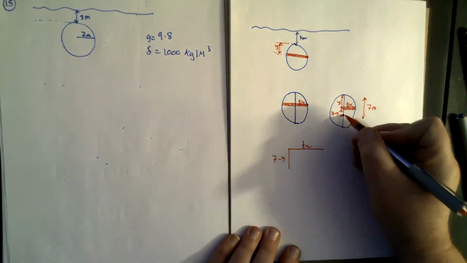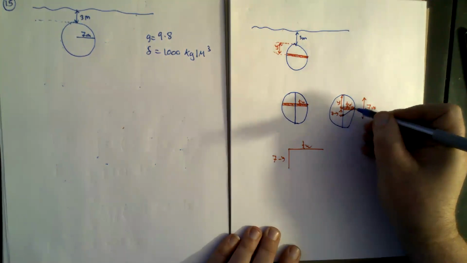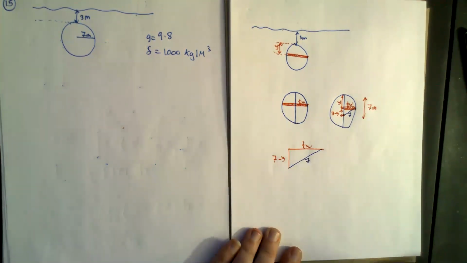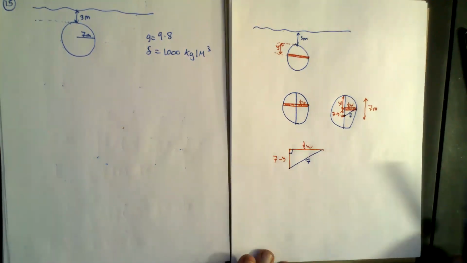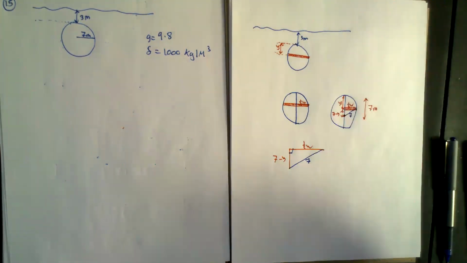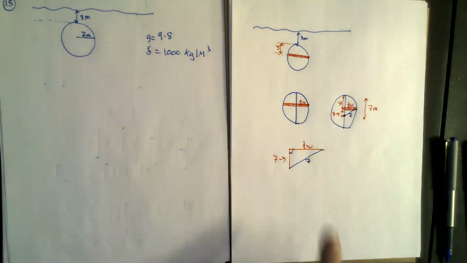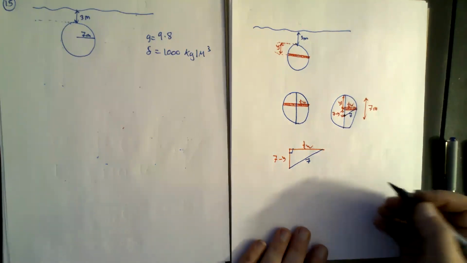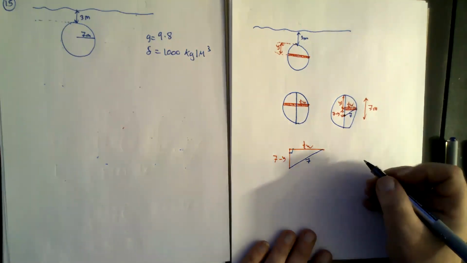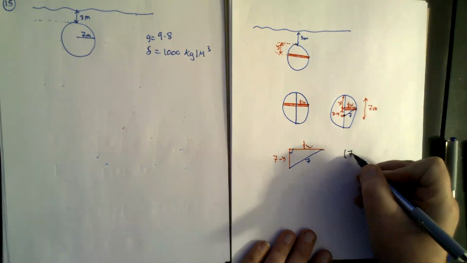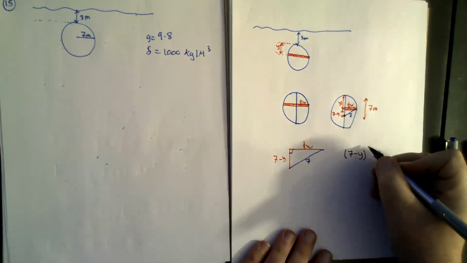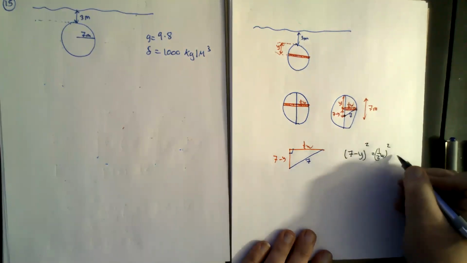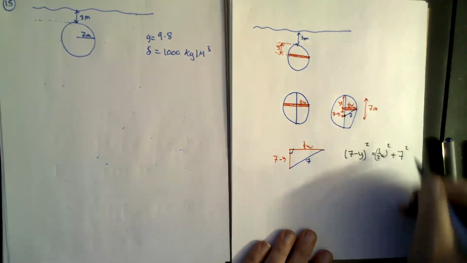That takes me to here. And now, if I draw this diagonal in, I get a radius, which is 7. So what I've done is I've created a right angled triangle that contains the side half W and the other two guys. And so I can now set up a relationship, which is Pythagoras, which says 7 take away y squared is a half W squared plus 7 squared.